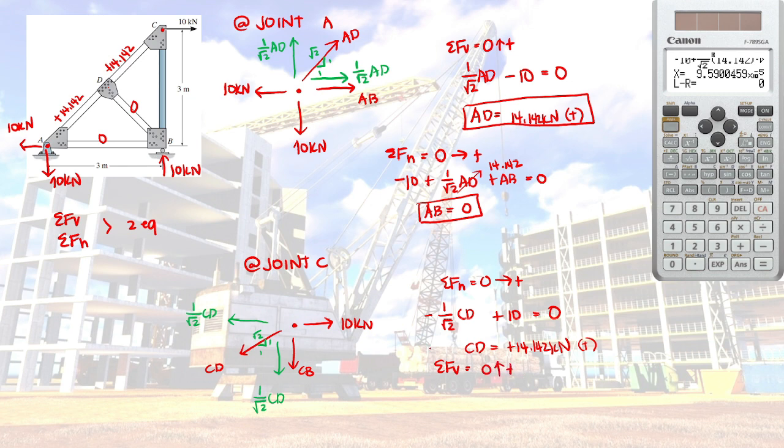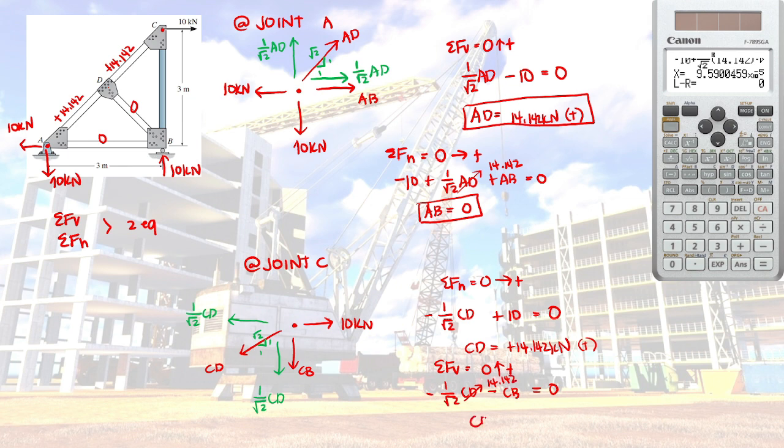Then I can already do summation of forces vertical equal to 0, upward positive. So we have negative 1 divided by square root of 2 CD, then minus CB, equal to 0. Our CD, we already solved as positive 14.142.